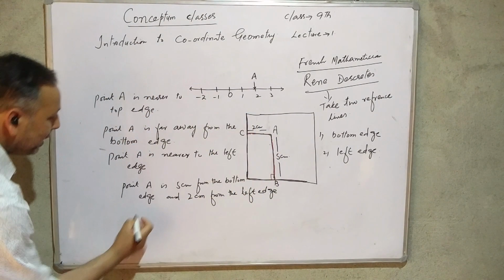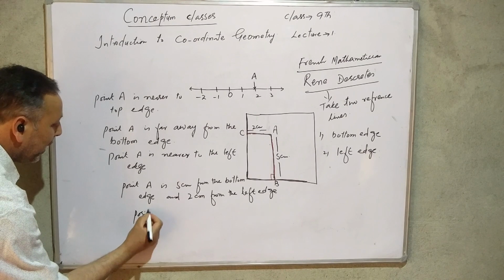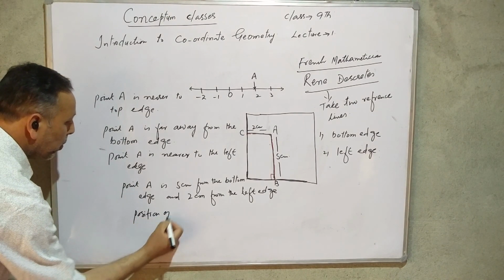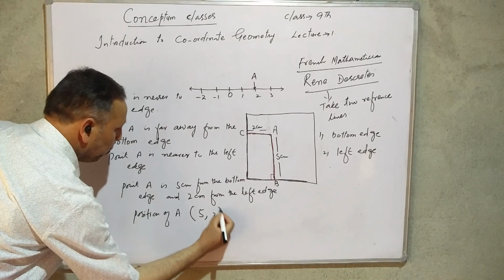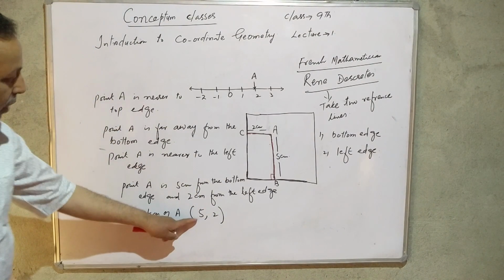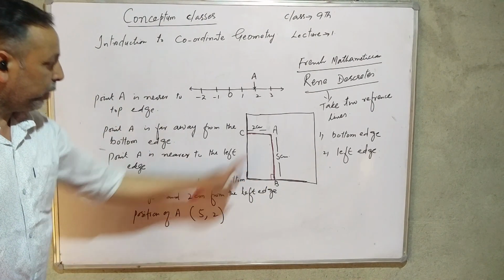That means we can say the position of A is 5 and 2.